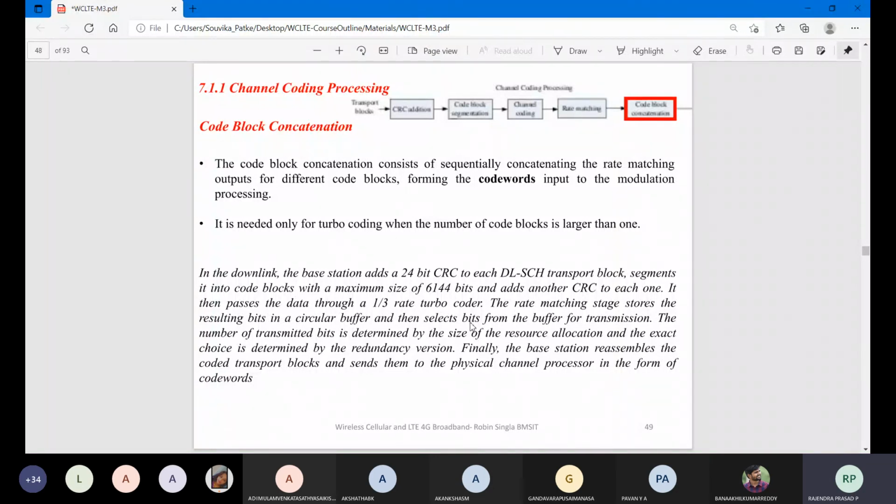The rate matching stage stores the resulting bits in a circular buffer and then selects bits from the buffer for transmission. The number of transmitted bits is determined by the size of the resource allocation, and the exact choice is determined by the redundancy version. Finally, the base station reassembles the coded transport blocks and sends them to the physical channel processor in the form of code words. So these are all the processes which we have to follow, right?